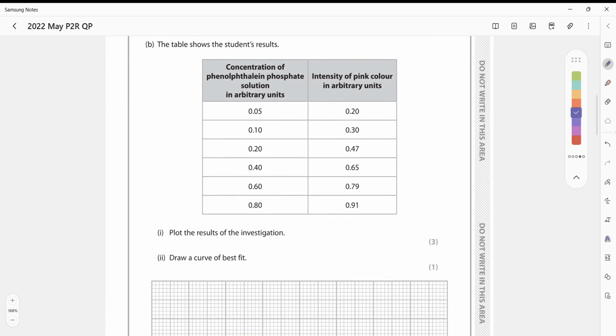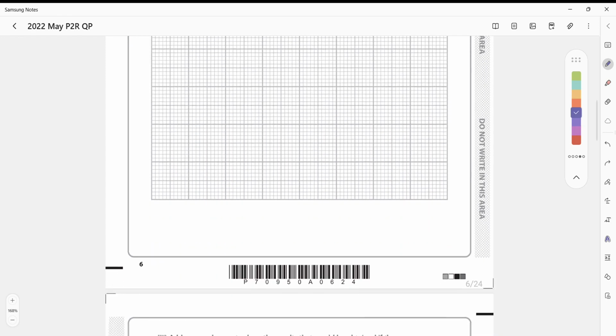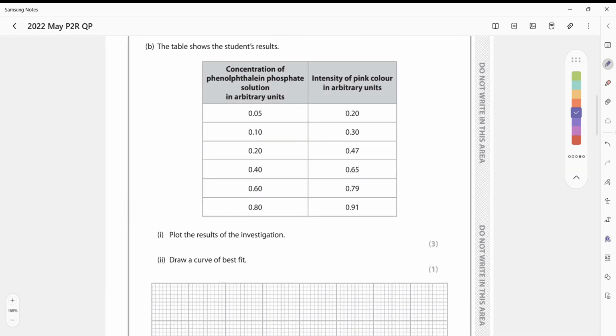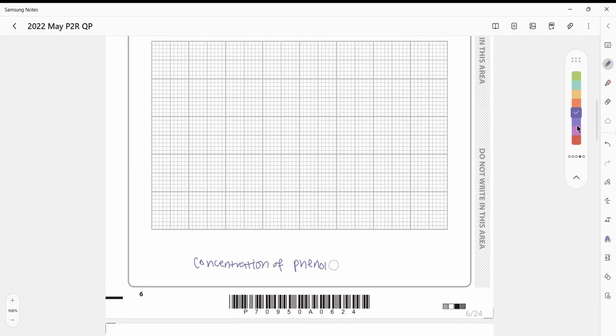All right, part B, the table shows the students' results. So we have the concentration and then the intensity of the pink color. Because we're changing the concentration of the phenolphthalein phosphate solution, that's going to be our x-axis. So concentration of phenolphthalein phosphate solution.